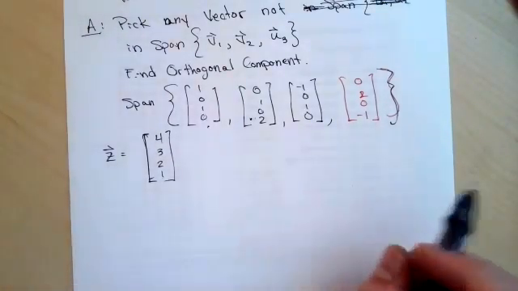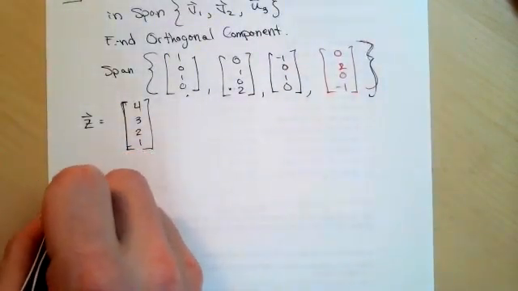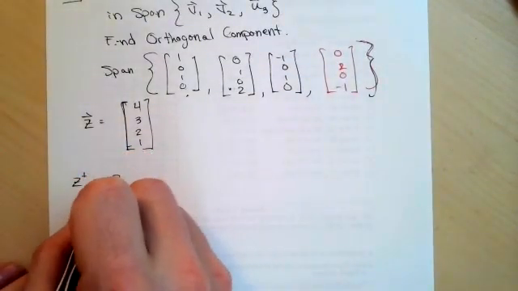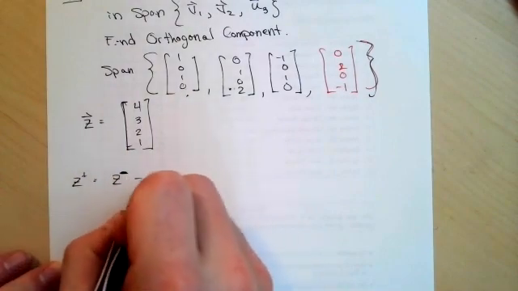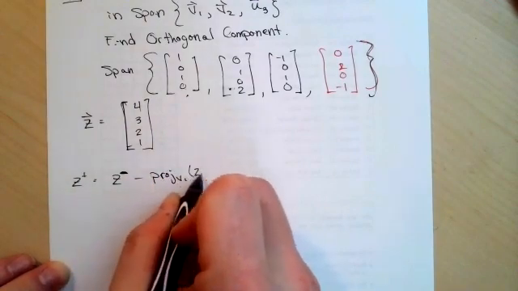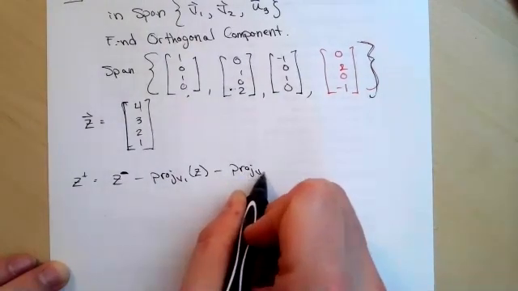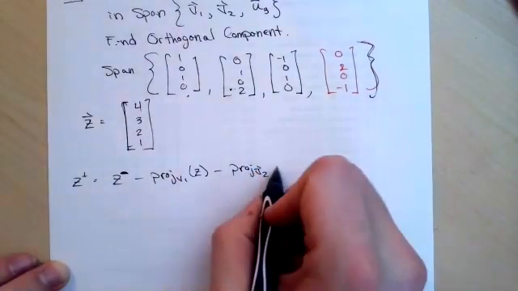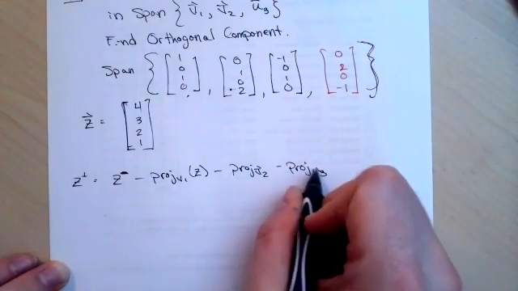And so we would go through the same process. Just find z perp. And that's just going to be z minus the projection onto V1, minus the projection onto V2, minus the projection onto U3.